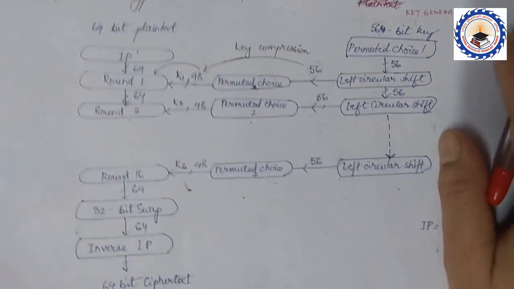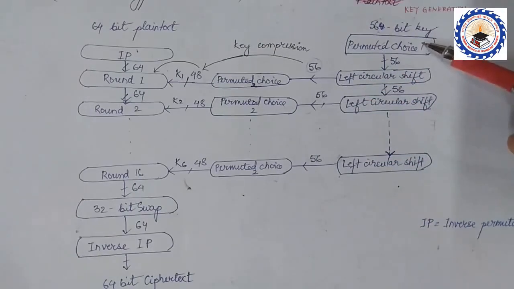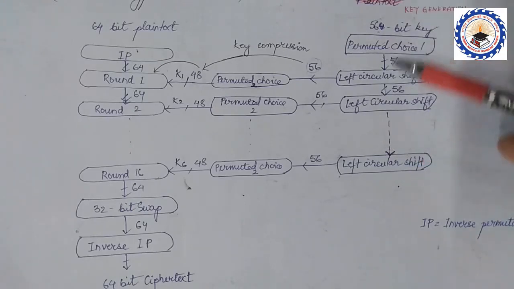It will generate the sub keys: suppose this is the parent key, then from the parent key, by using this procedure, we generate the sub keys for all the 16 rounds. All 16 rounds will have different sub keys.